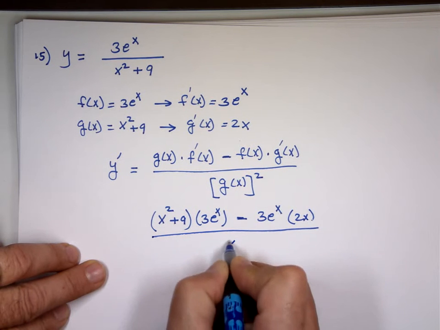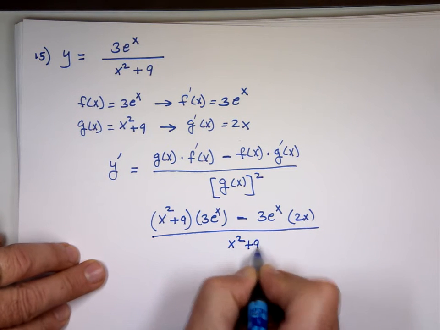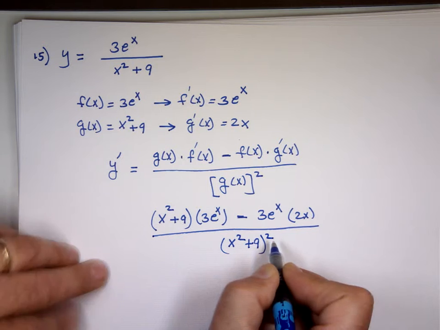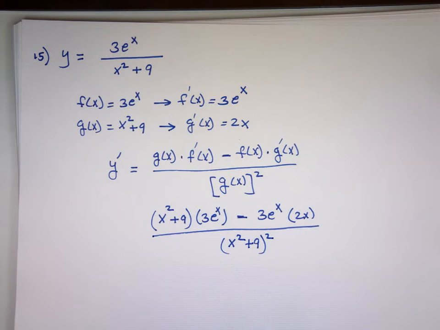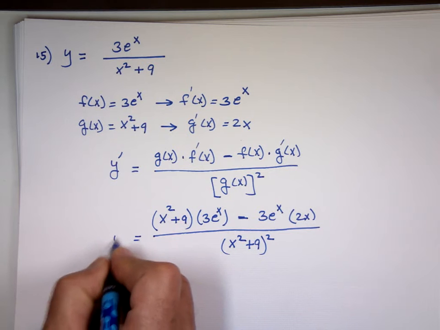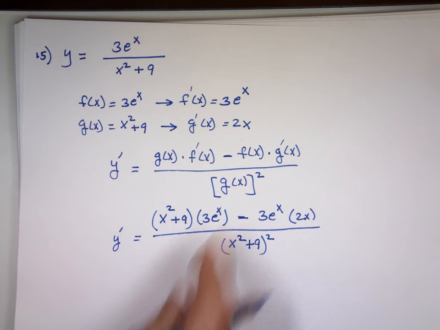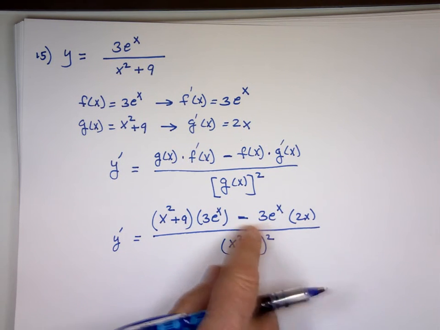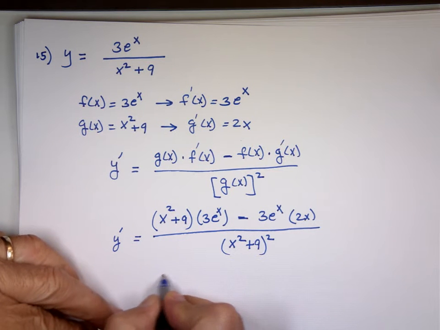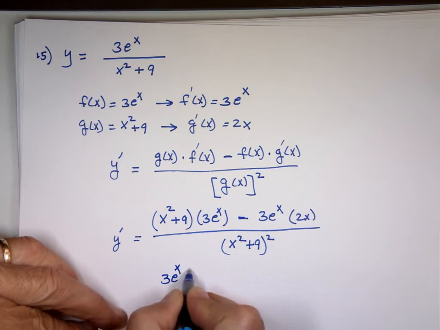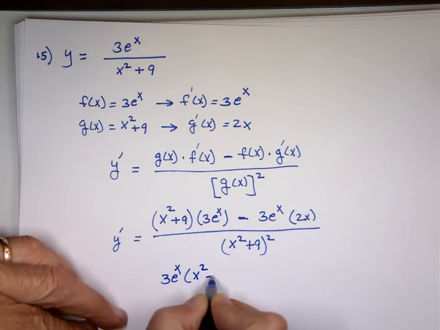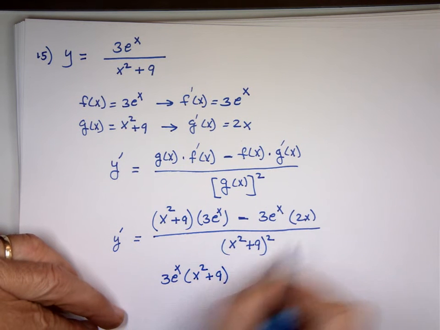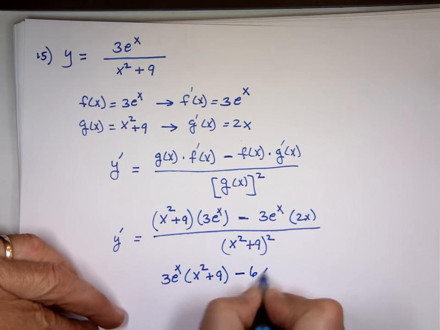X squared plus 9, the whole thing squared. And again, they probably leave it like this. Or you could distribute that, or leave the first part alone. I'm not sure if they'll break it down or leave it alone. And the last one will be minus what? 6x e to the x.